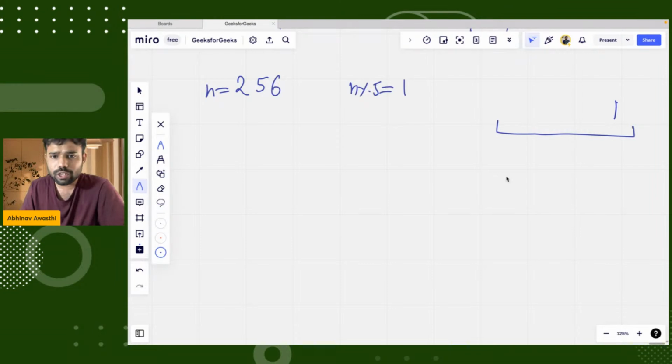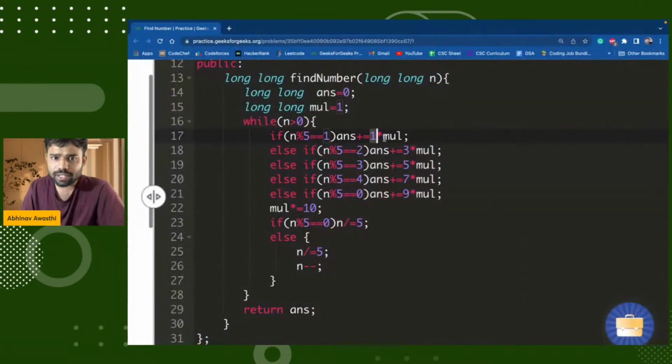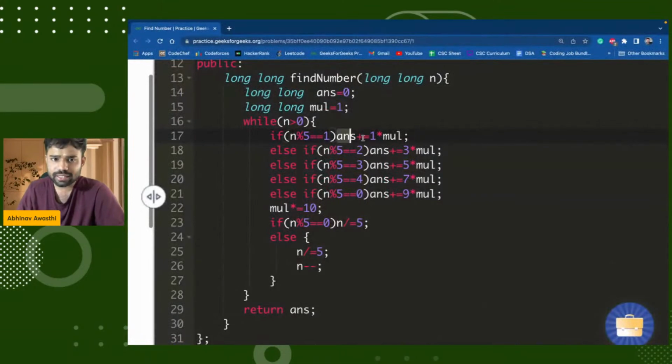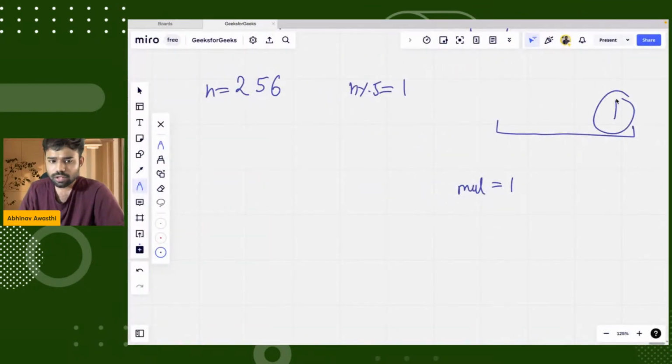Currently the value of multiply was also 1. Simply 1 into 1 is multiplied and added to answer. That's all. Now the remaining part. As I told you, I have to write it in something like this.